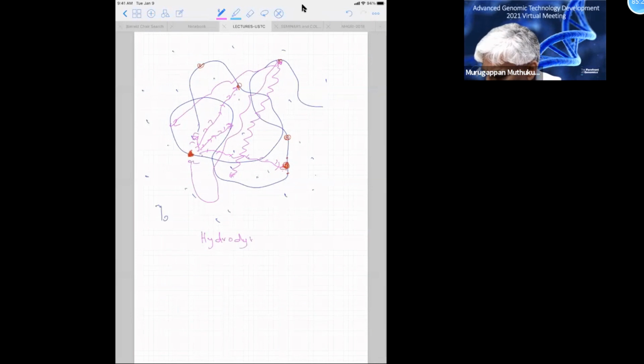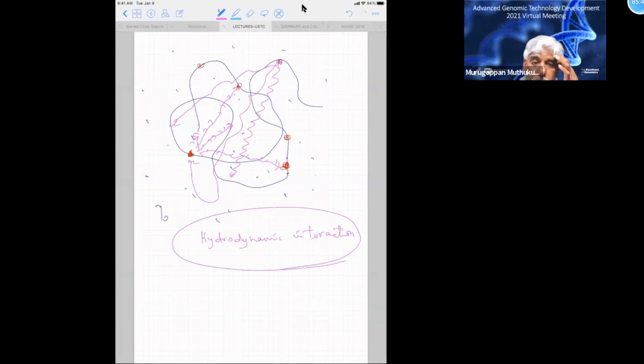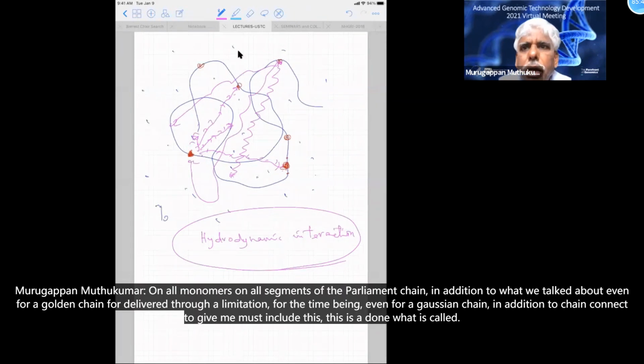Hydrodynamic interaction. This is a subject that we are going to talk about in the next lecture. So we need to account for this hydrodynamic interaction among all monomers, among all segments of the polymer chain, in addition to what we talked about.